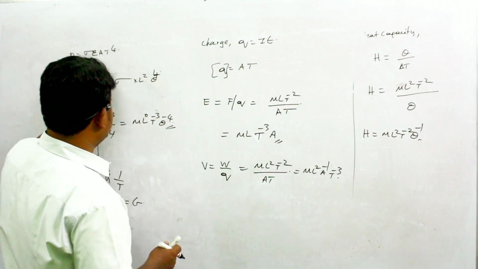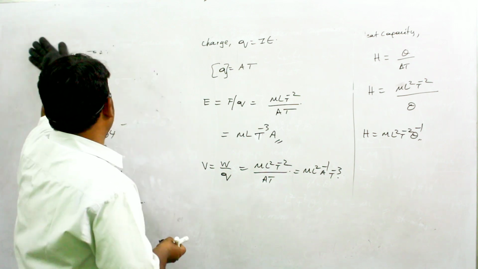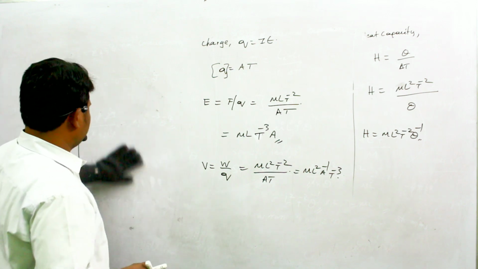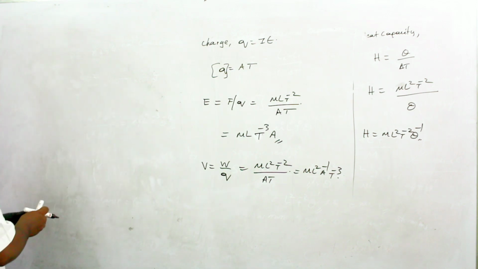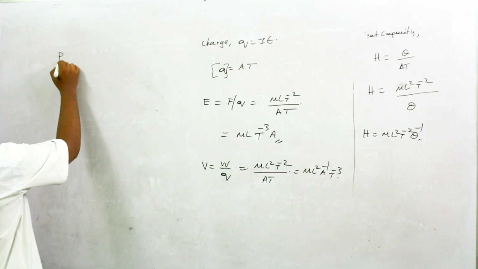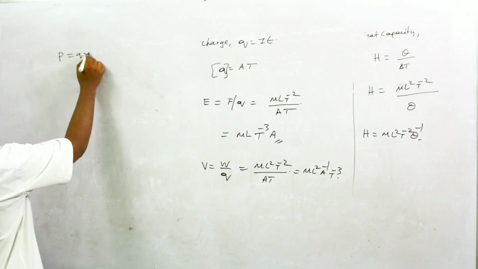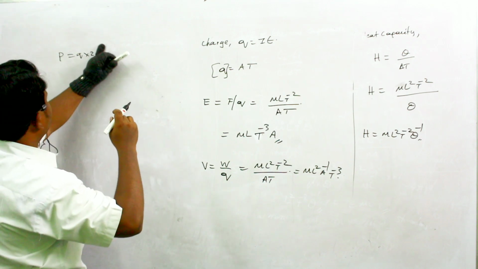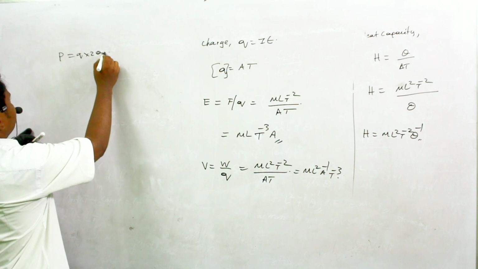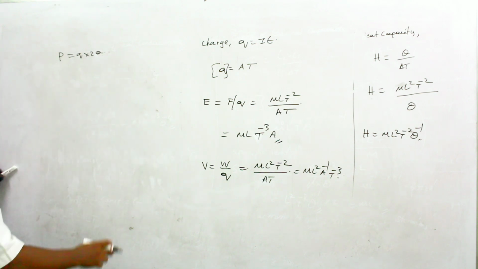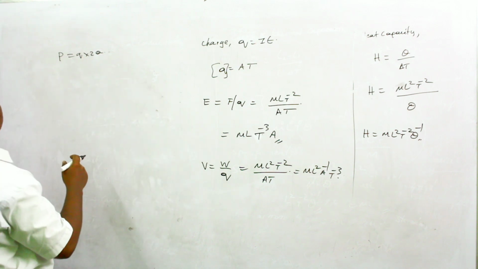Similarly, we can see the dimension of electric dipole moment. The electric dipole moment can be written as P is equal to Q into 2a, where Q is the magnitude of either charge and 2a is the distance between the two charges.